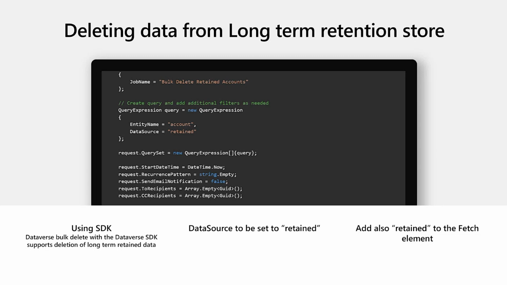One is through the SDK, the code side of things in C#, and the other is through C# but with FetchXML. In FetchXML as well, you'd need to point the data source to retained and provide the filters, and once you run that, it will create a bulk delete job within the Dynamics application or within the Dataverse ecosystem.